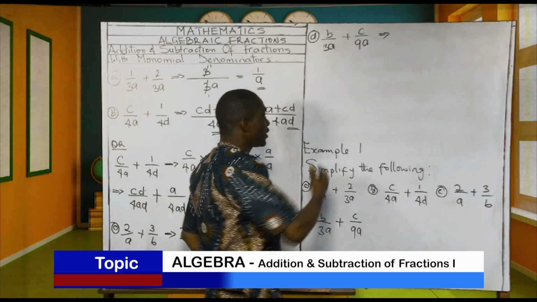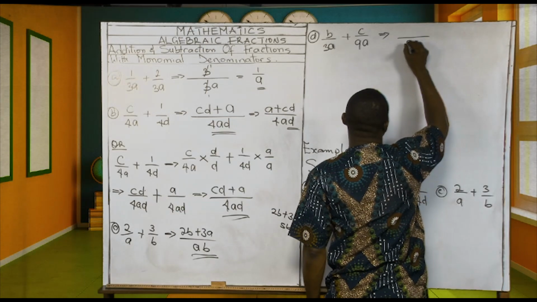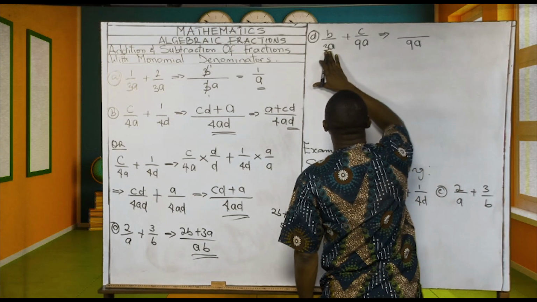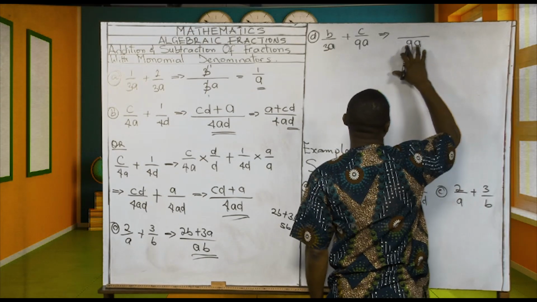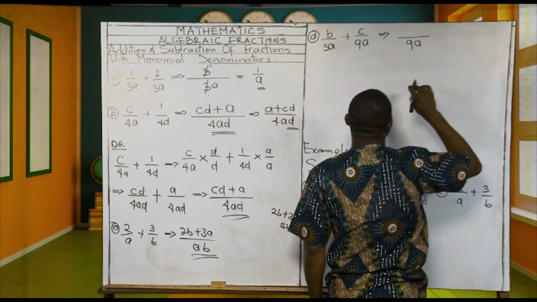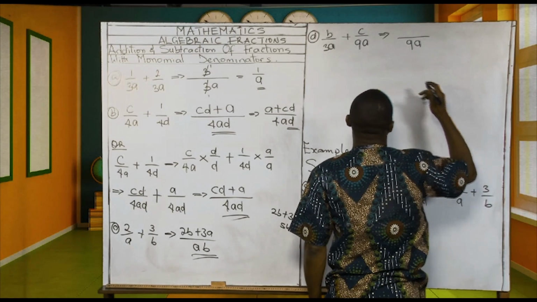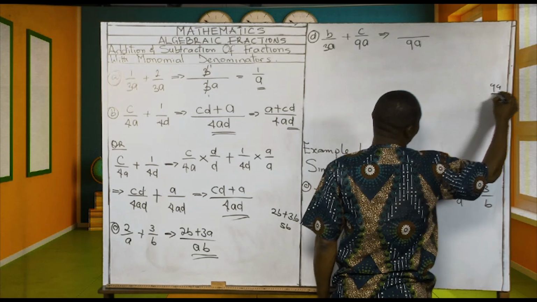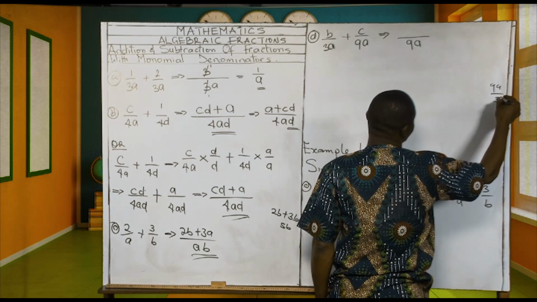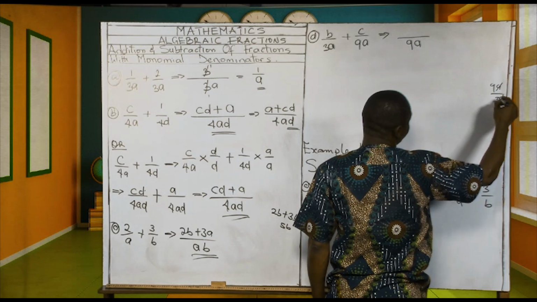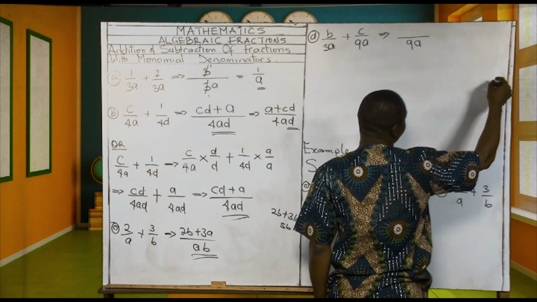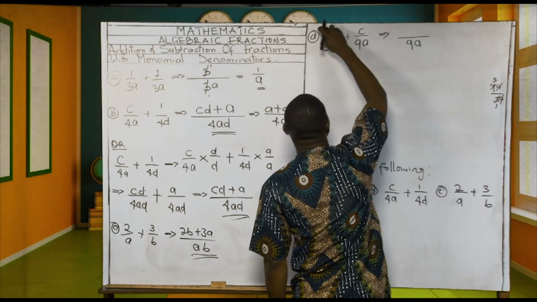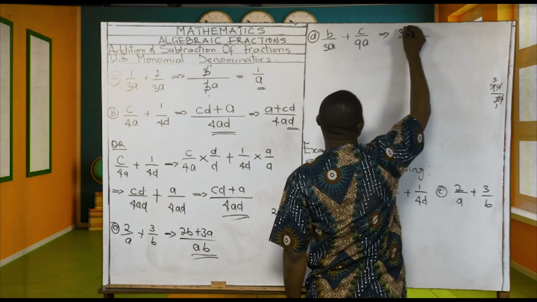So we now write it out, 9A. Now 3A in 9A, that is 9A divided by 3A. That will give us 3. A divided by A, and 9 divided by 3 will give us 3. So we have 3, and 3 multiplied by B will give us 3B.